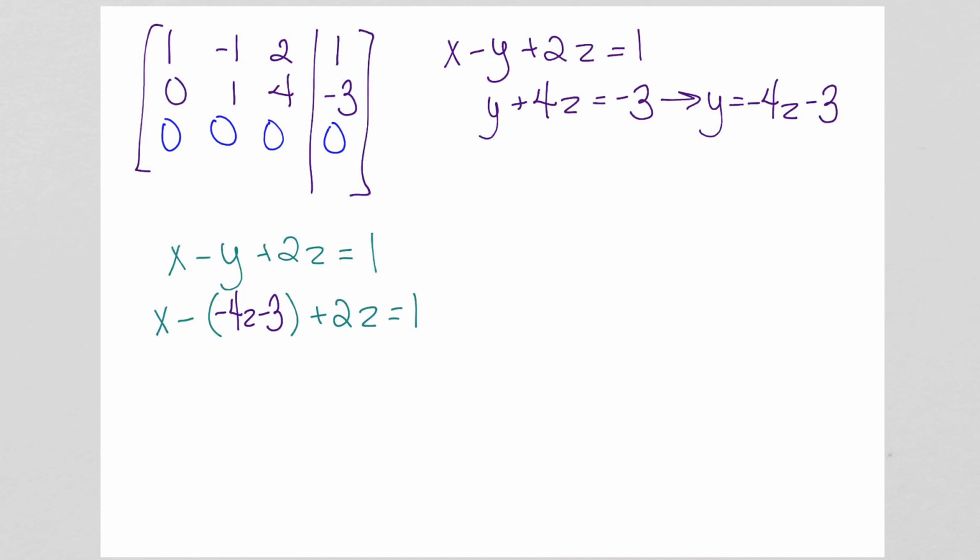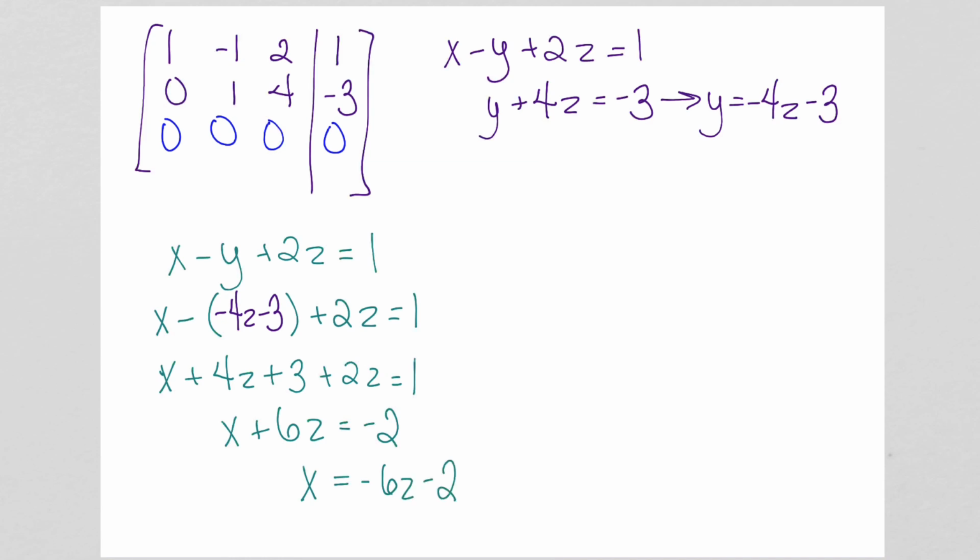And then simplify. So start by distributing. So we've got x plus 4z plus 3 plus 2z equals 1. And so now we can combine those z's to get x plus 6z equals negative 2. And we can solve for x. So x will be negative 6z minus 2.